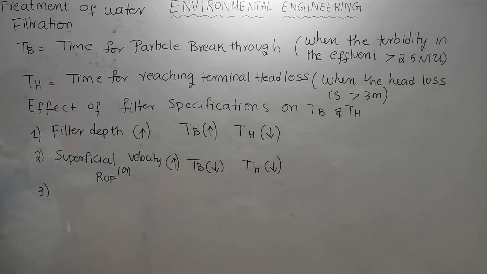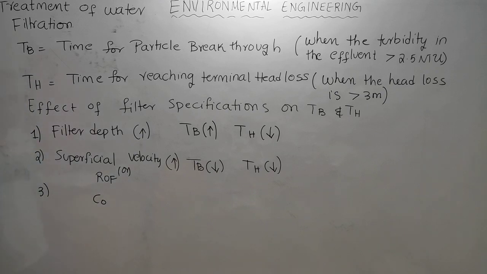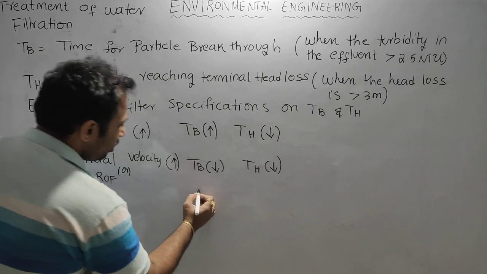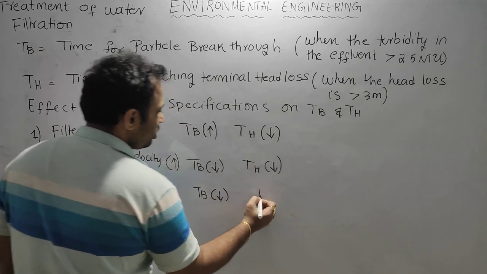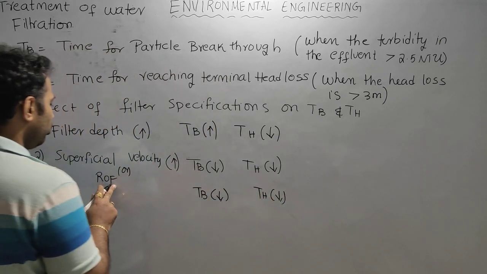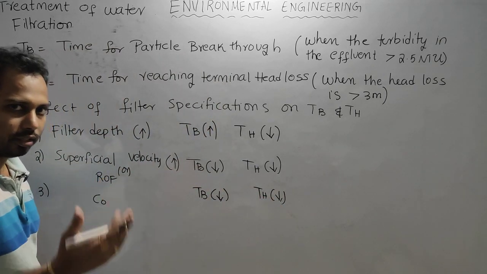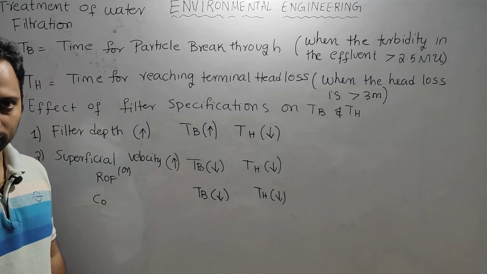And the third one is the initial concentration of impurities. In this case also both decrease: TB decreases and TH also decreases. If you look at the previous concept, if we increase the rate of filtration, not only does water increase, impurity concentration also increases, isn't it?